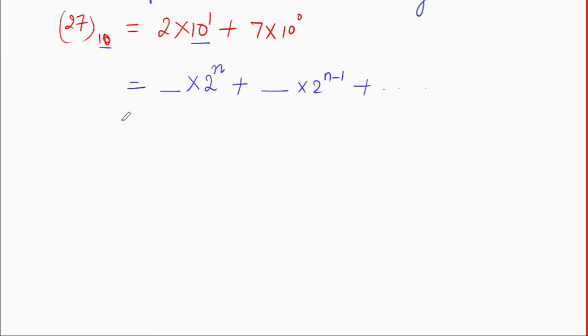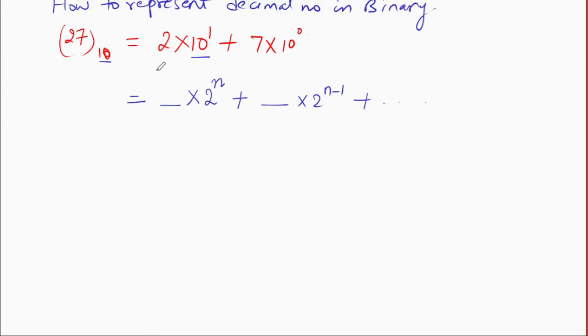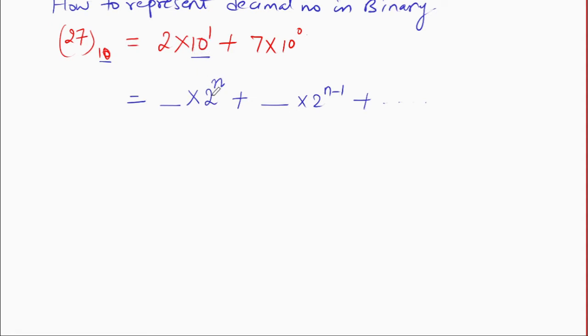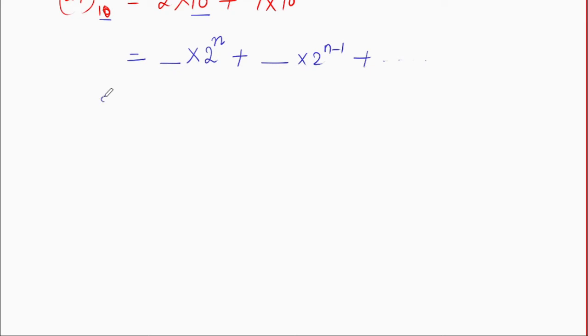So we know that while converting a decimal number, we divide by 10 to get the result. Similarly, here 27 will be divided by 2 and we keep on dividing until the number is either 1 or 0. And here the remainder will be represented.